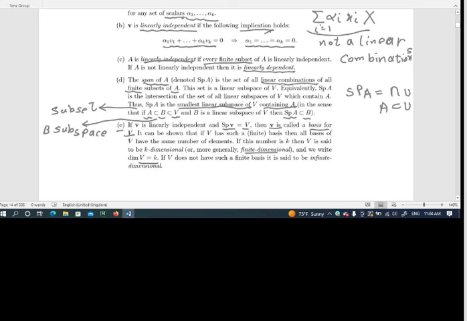We call V a basis for vector space V. So a subset is a basis if this subset is linearly independent and the span of this subset equals the vector space.